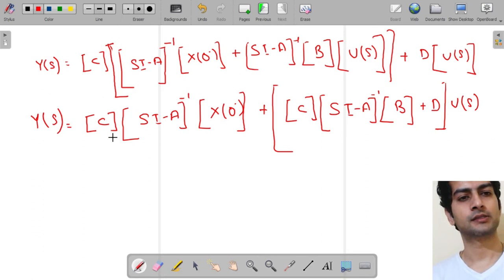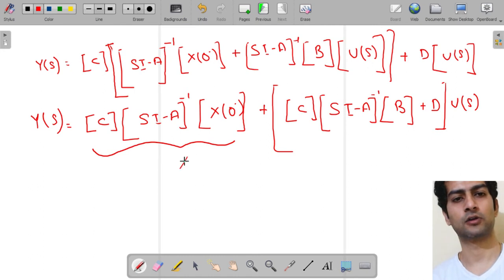So this is the solution, or the calculation, of output. Let's divide it into two parts, and call them A and B.